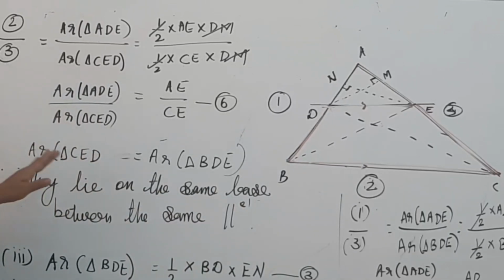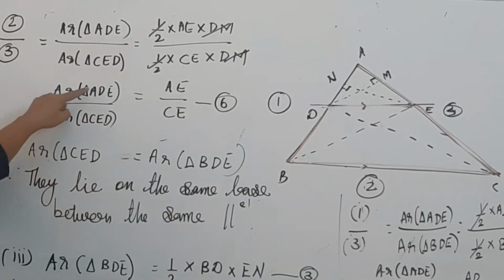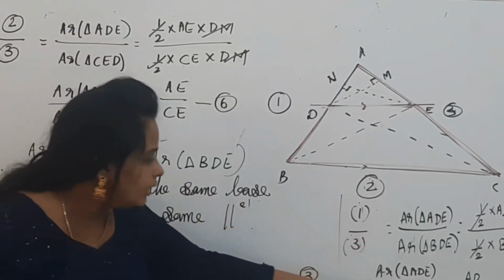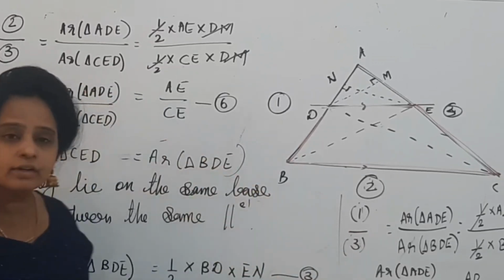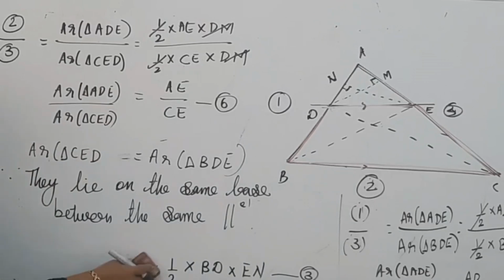So the areas are equal. That means the numerator is already the same and the denominators are equal. That means this is equal to this one. Very directly we can say.